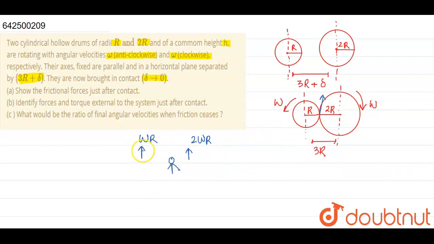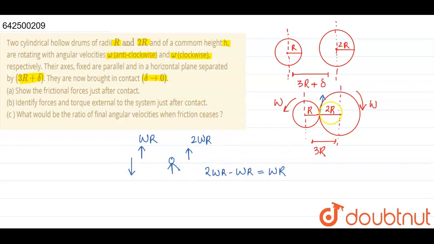For him, the velocity at the point of contact of this small drum will be the relative velocity of these two, because we know when two objects are moving in the same direction, relative velocity is given by the difference of velocities. So for him, its velocity would be 2 omega r minus omega r, that gives us omega r, but in this direction.